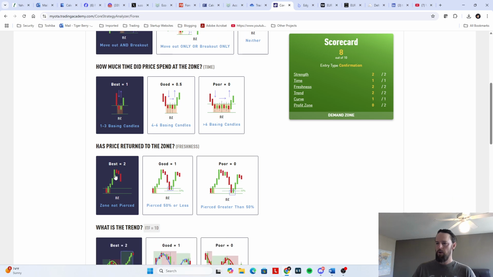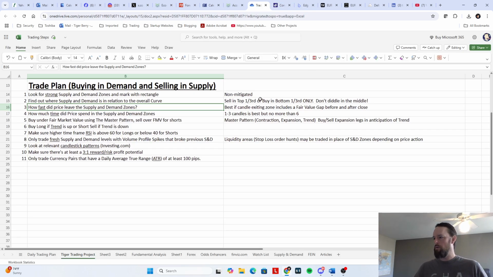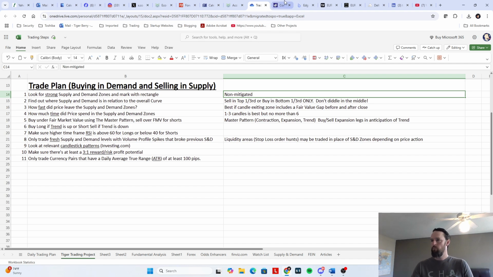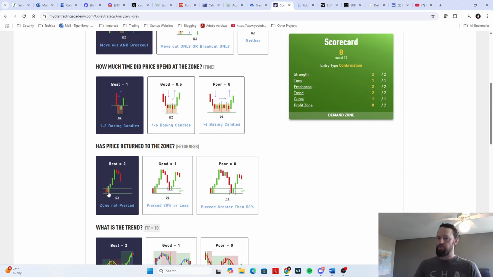Okay. Has price returned to the zone? I mentioned that earlier. We don't want this example right here or this example right here. We don't want price to touch and then come back and try buying that. We only want this example here, zone not pierced, unmitigated, like I put right here. Okay. We want it fresh. We want to buy it one time.